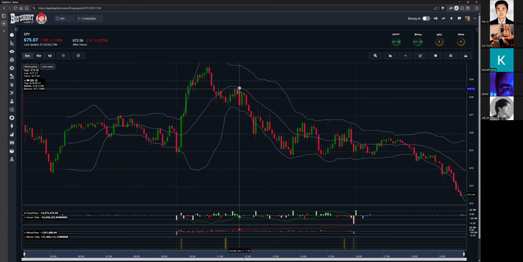But the fact that the follow through can't even do a 50% retracement, they can't even cross the SMA, that should tell you, okay, I'm in trouble here, right? At this point, you're in trouble. At this point, you're thinking, okay, this is really bad, okay?